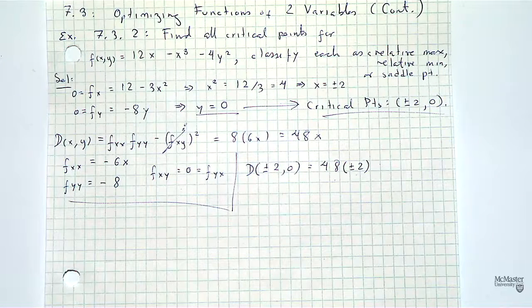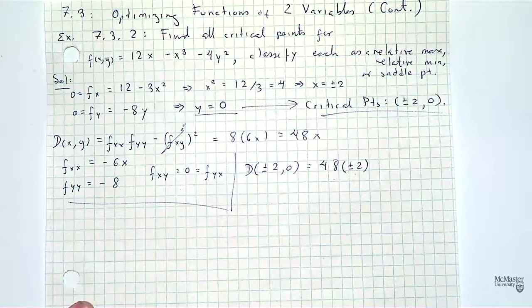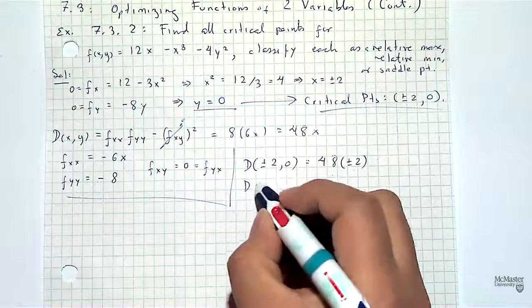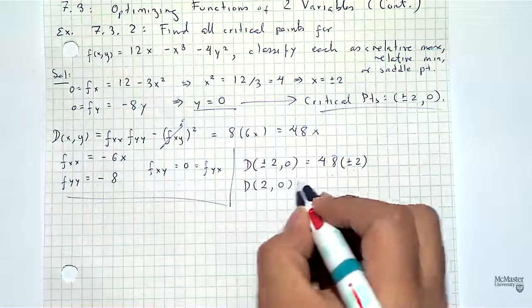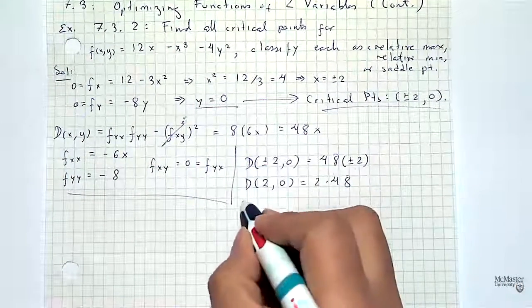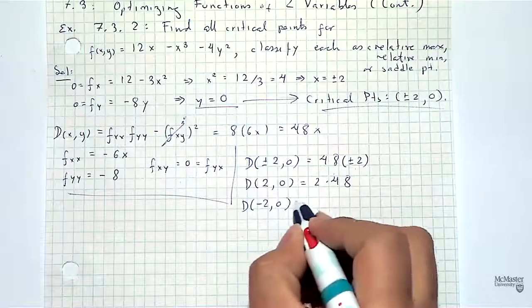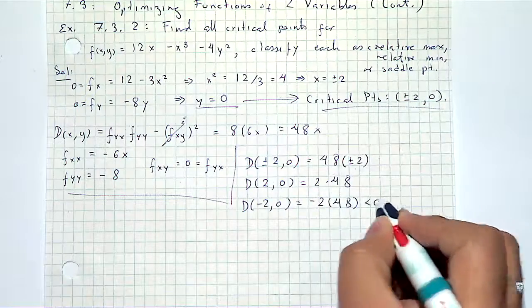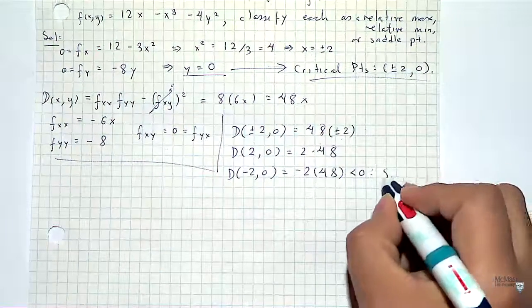For the other, you need to study further to see if you have a relative maximum or minimum. Just to put it clearly, D of 2 comma 0 is 2 times 48, and we just care about the sign. D of minus 2 comma 0 is equal to minus 2 times 48. So this one is negative, so in that case, you have a saddle point.